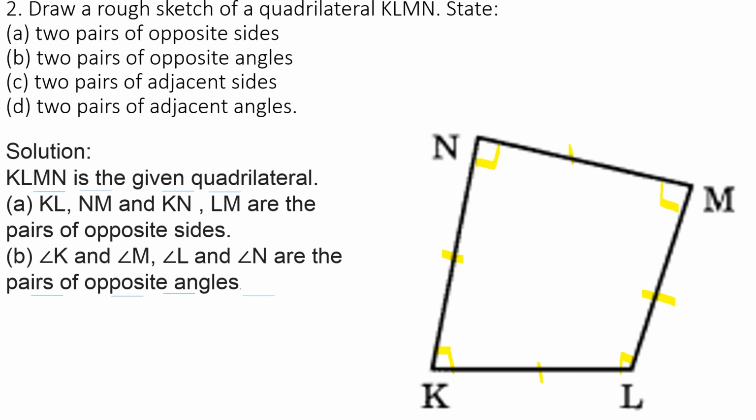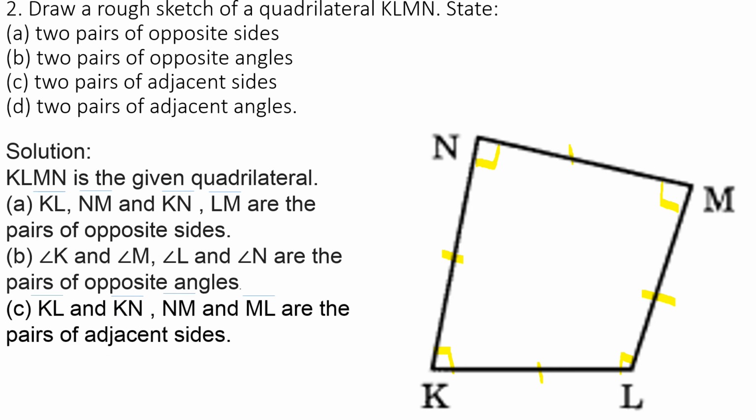The next, two pairs of adjacent sides. Adjacent means they should have a common vertex. So KL and KN, these two are adjacent. Then NM and ML, these two are adjacent sides.